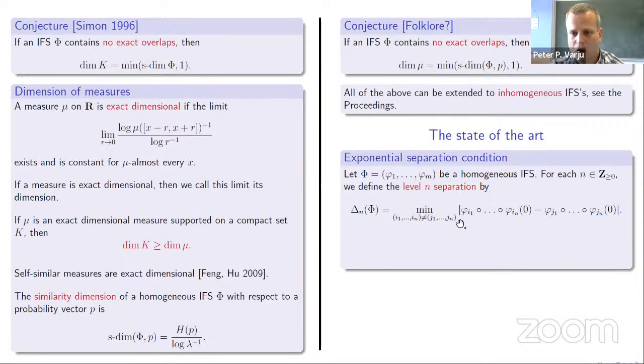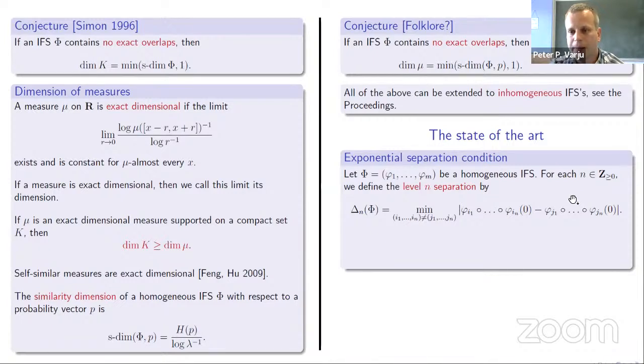I take all n-fold compositions of my maps, and I look at the image of 0. This is nothing else but the translation component of your similarity, which is the n-fold convolution of your maps. And I look at all the differences between these points that I can get, and I take the minimal distance. That's the level n separation.